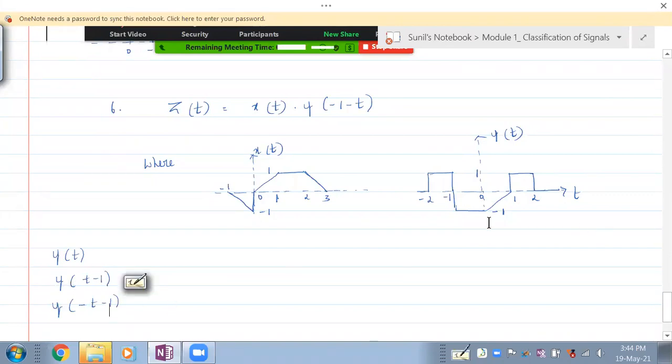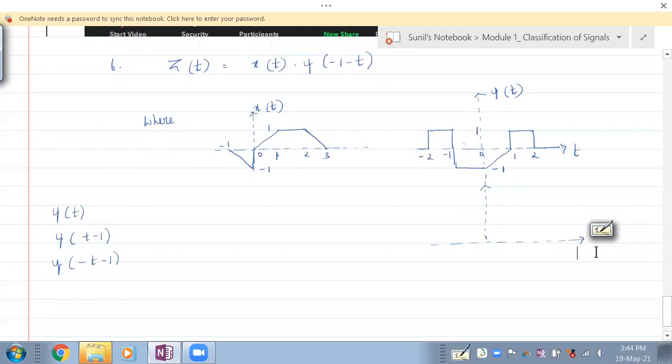So first what you need to do is shift this signal to the right. That means the signal which is now starting at -2 needs to start at -1. That's it. Just push it to the right. So if you push it to the right, how is it going to look like? See here.